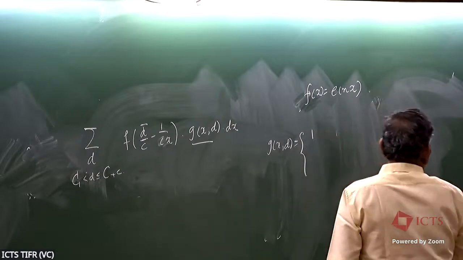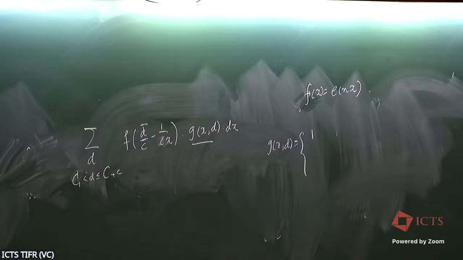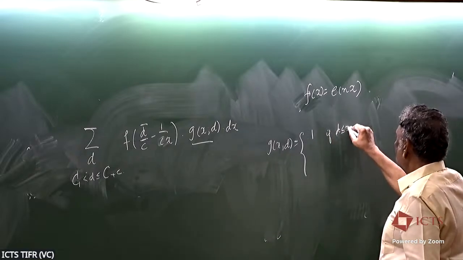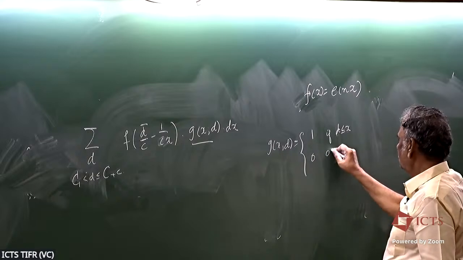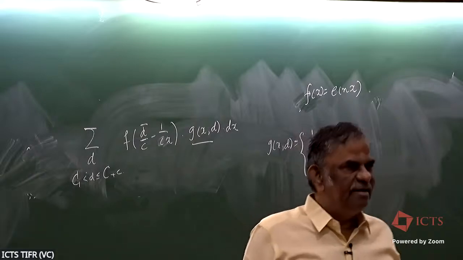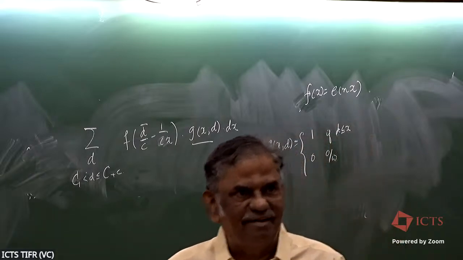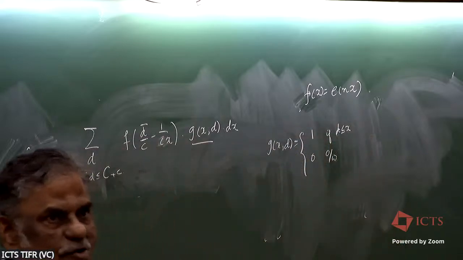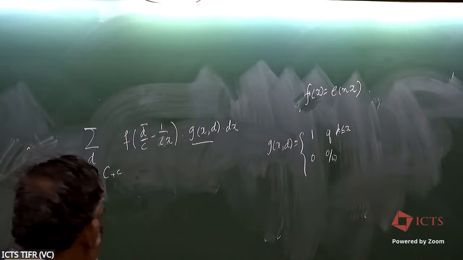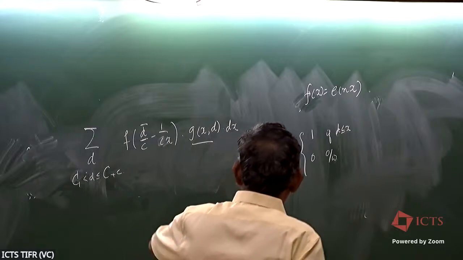This number is equal to 1 if d is less than or equal to x, 0 else. Because I have this condition d less than or equal to x, and I throw it away by introducing another function g of x d. Dx by x square.